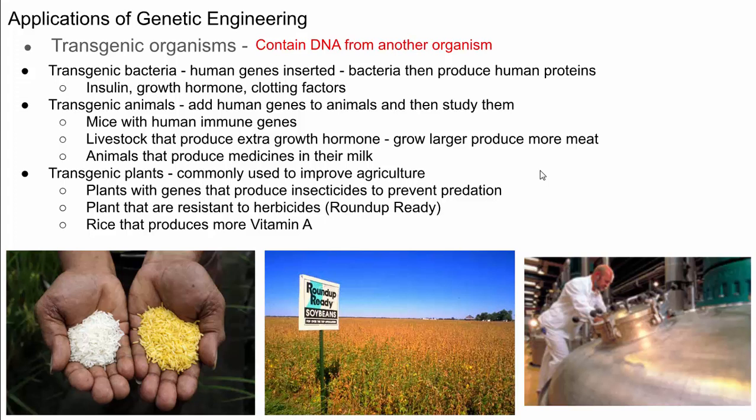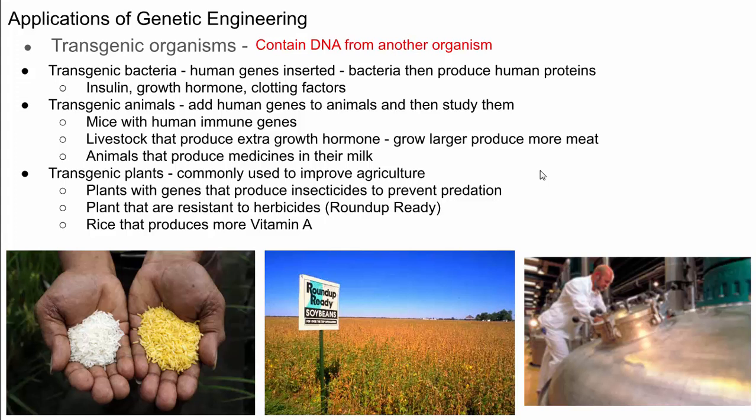We can take genes that produce certain medicines and put them into cows, and the cows will then produce these medical products in their milk, and the products can then be extracted, basically using living organisms as factories to produce certain compounds. This is done quite frequently in agriculture with crops. For example, some plants naturally produce insecticides, chemicals that kill insects.